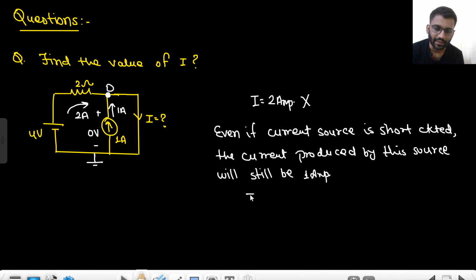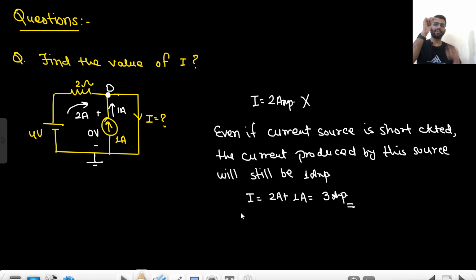So what will be the value of I? I will be 2 ampere plus 1 ampere, that means 3 ampere. Okay, 2 ampere coming that way, 1 ampere coming that way, so I will be 3 ampere.